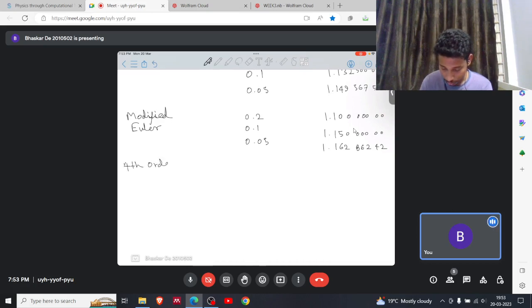And here the fourth order RK method. Again the values of h are the same, 0.2, 0.1 and 0.05.